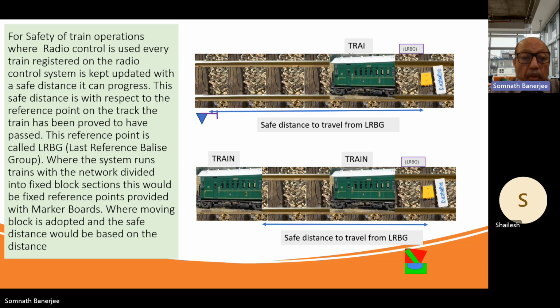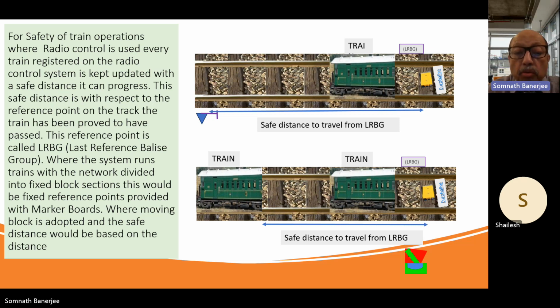For safety of train operations, where radio control is used, every train registered on the radio control system is kept updated with a safe distance it can progress. Here, as we see, the safe distance from the LRBG is up to the next marker board where a fixed block is used.